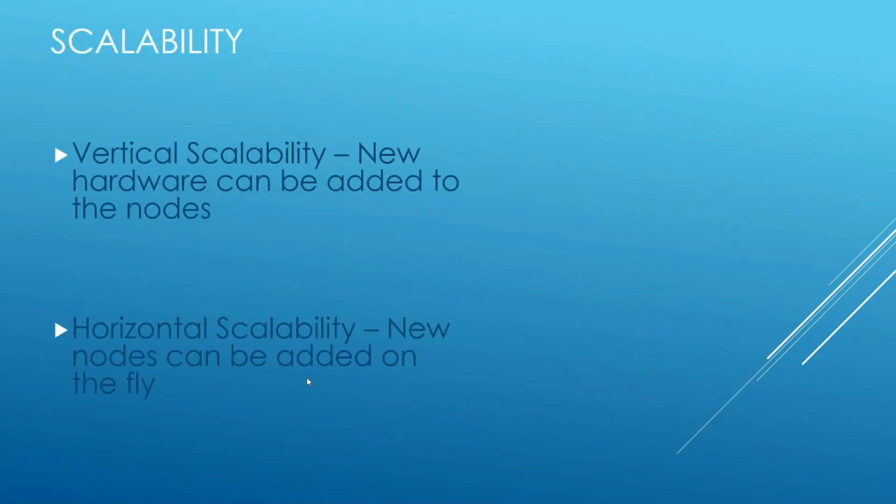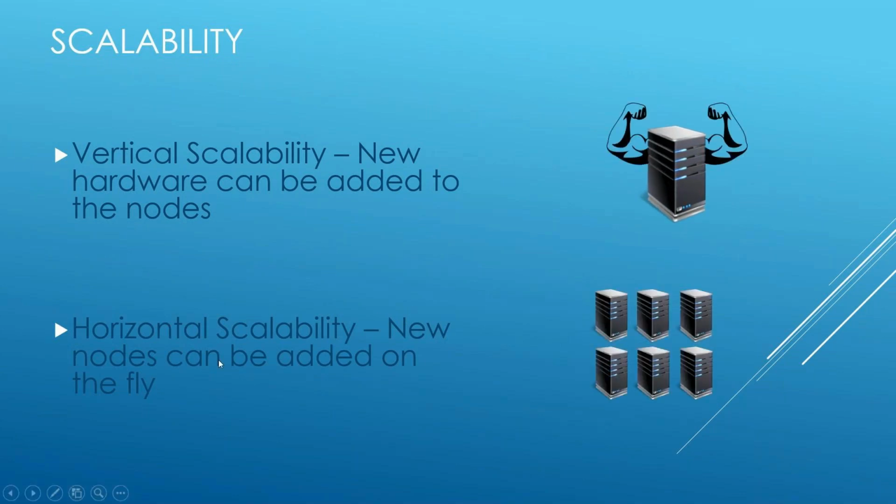Scalability. There are two ways of scalability: vertical scalability and horizontal scalability. New hardware can be added to the nodes. That is called vertical scalability. And horizontal scalability: new nodes can be added on the fly. This is horizontal, this is vertical. Understand this?